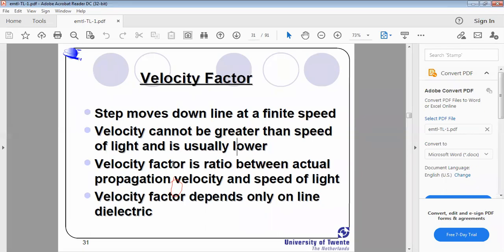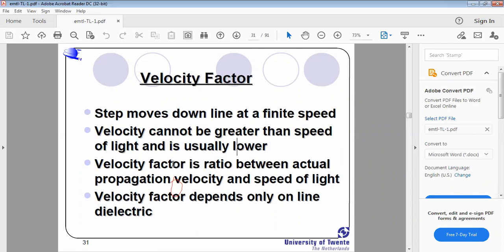Why? Because in the wireless medium, free space is the medium between you and me, where the signal propagates at a rate of 3 into 10 power 8, the light velocity. When we consider the wired medium, it definitely takes a delay of a few milliseconds to microseconds.